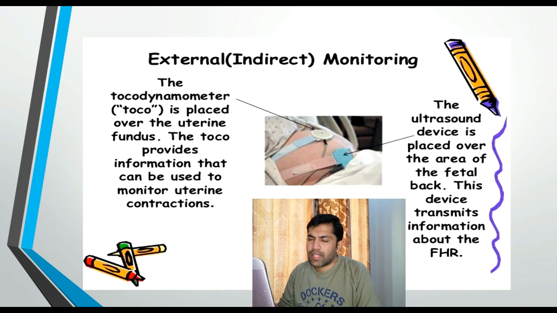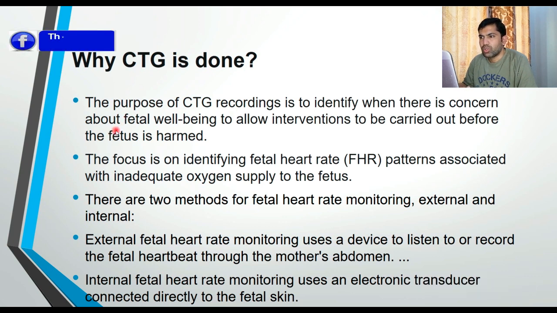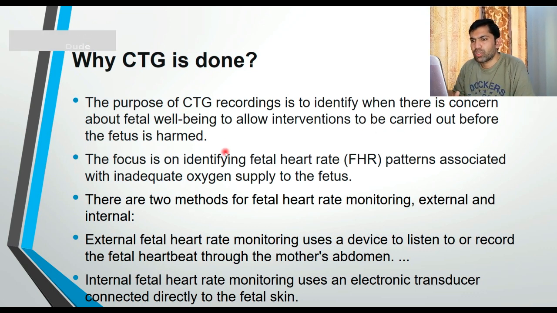The next slide is about the purpose of CTG recording: to identify when there is a concern about fetal well-being, to allow intervention to be carried out before the fetus is harmed. The focus is identifying fetal heart rate patterns associated with inadequate oxygen supply to the fetus.